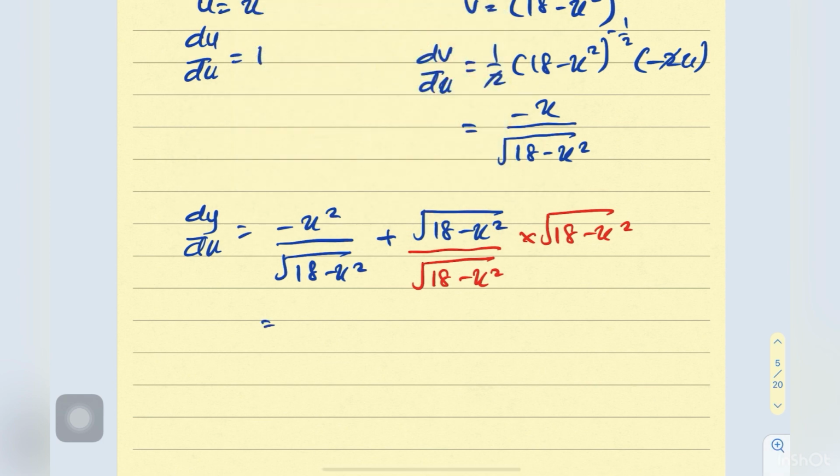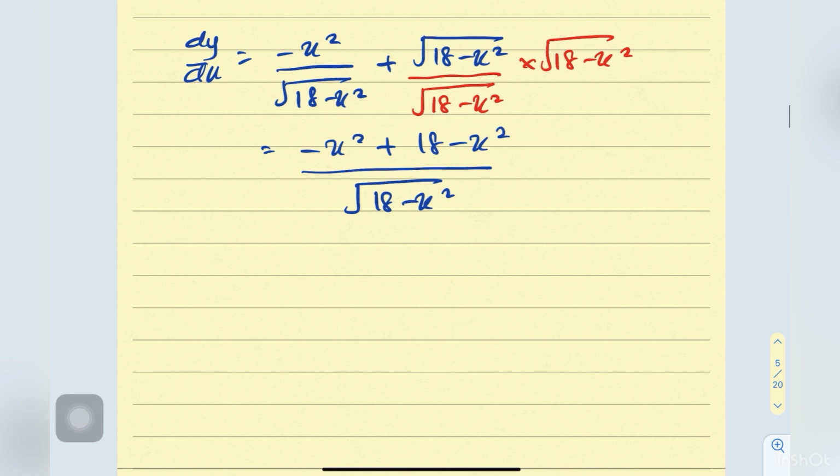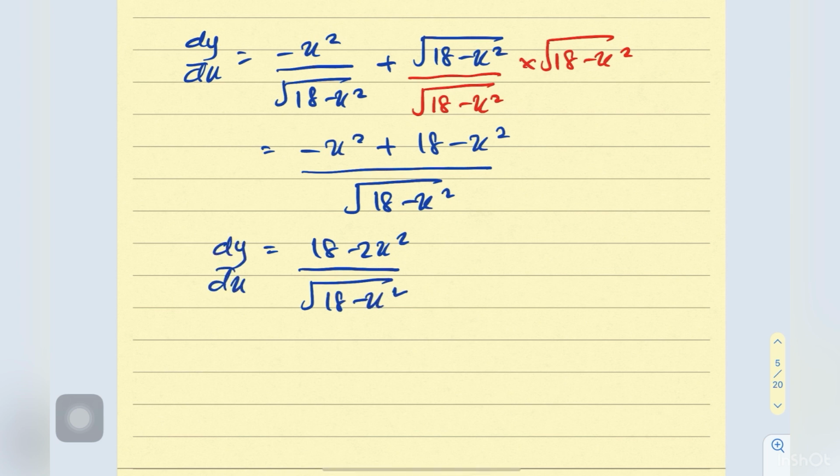So this becomes negative x squared plus 18 minus x squared, over the square root of 18 minus x squared. Simplifying, we get 18 minus 2x squared over the square root of 18 minus x squared. This is dy/dx. For the turning point, dy/dx equals 0, so the numerator 18 minus 2x squared equals 0.